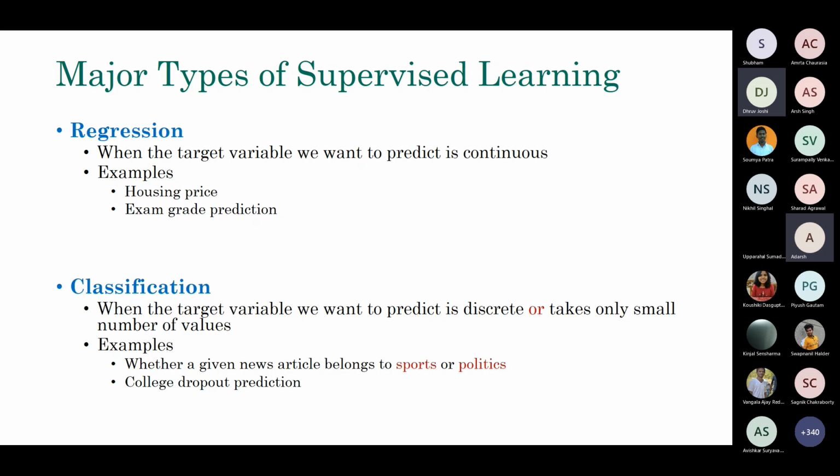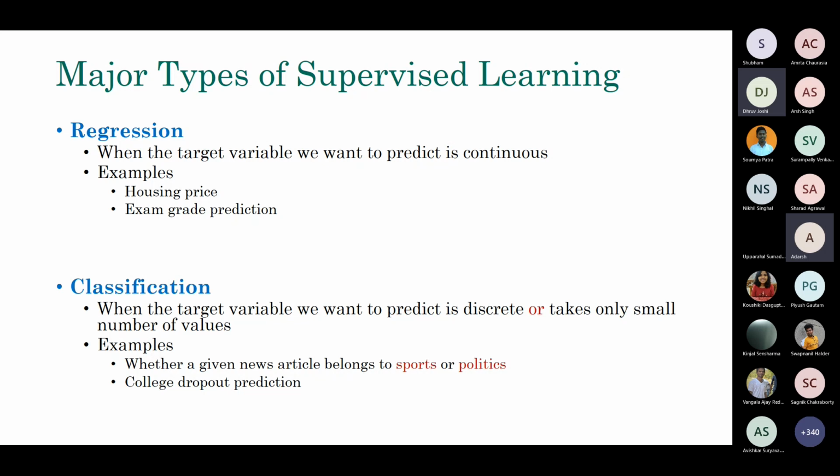For example, you may want to predict the housing price, or predict the exam grade from previous data on how many hours you have studied and your previous performance. These are continuous-valued variables, and regression is a good fit for this kind of thing.